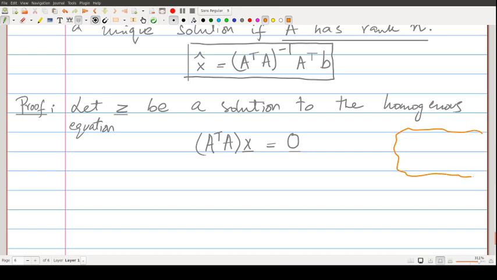The idea is, remember that when Ax equals 0 has only the trivial solution, then Ax equals b has a unique solution for all b, right?